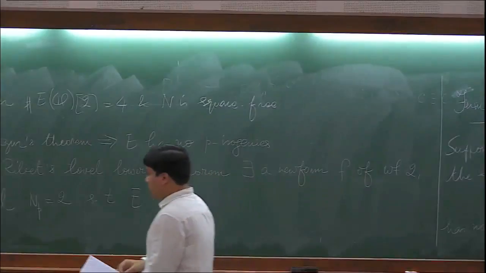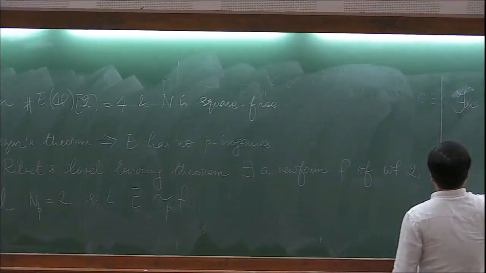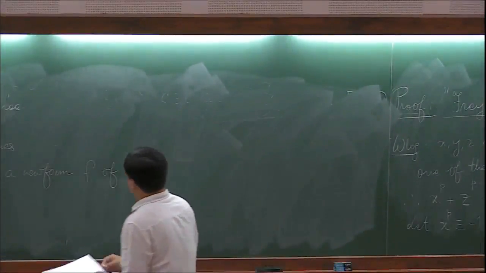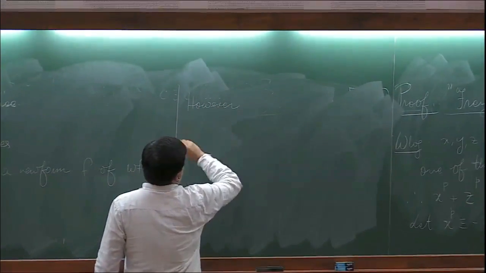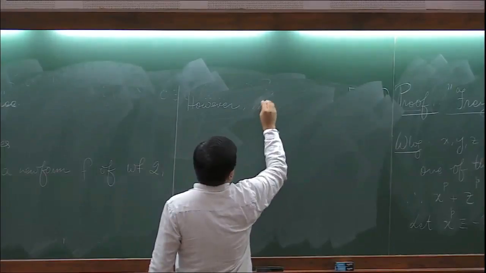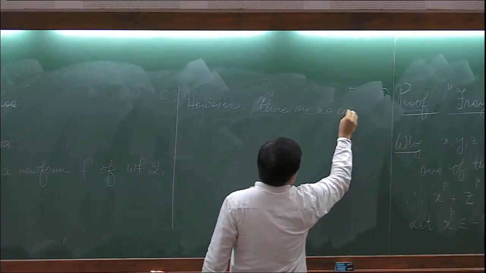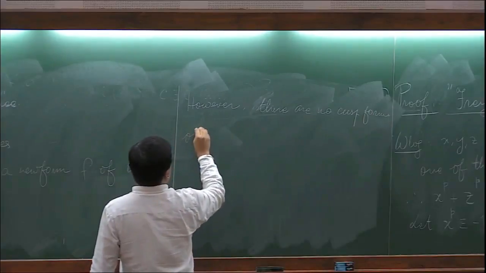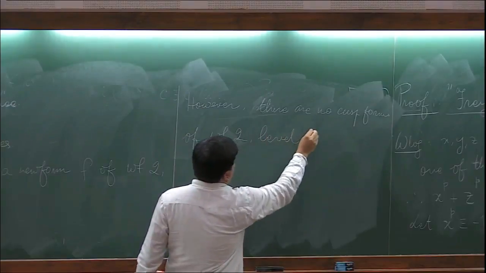Now what you do is go back to your tables, but there is a formula to compute the dimension. However, there are no cusp forms of weight 2 and level 2.